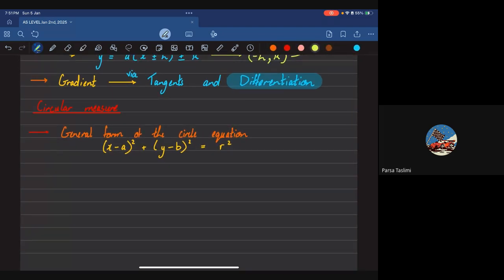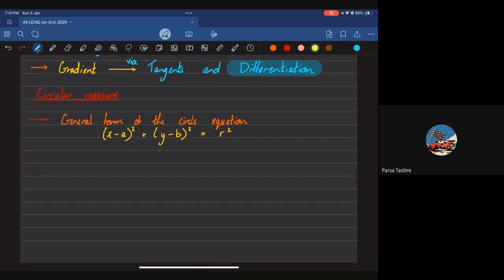The general form of the equation of the circle is x minus a whole squared plus y minus b whole squared is equal to r squared, where a comma b is your circle center, and r is obviously your radius for the circle.